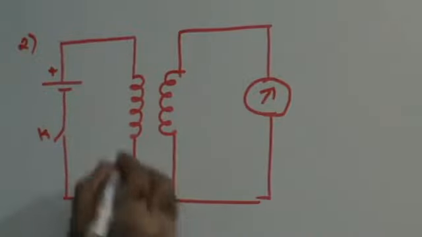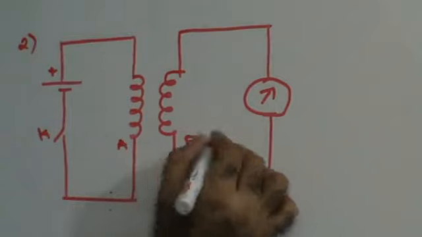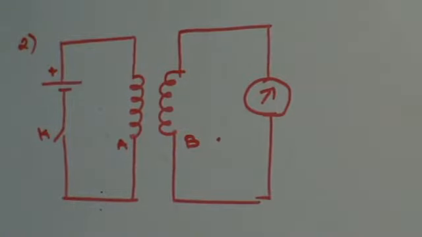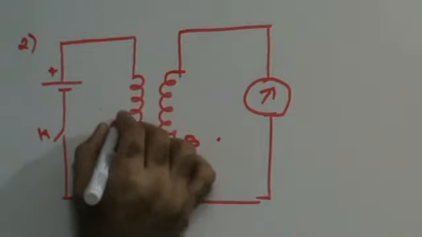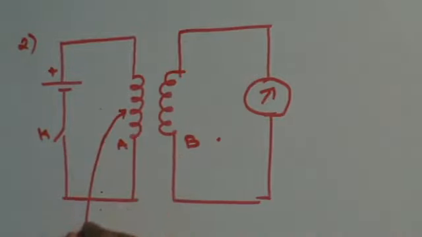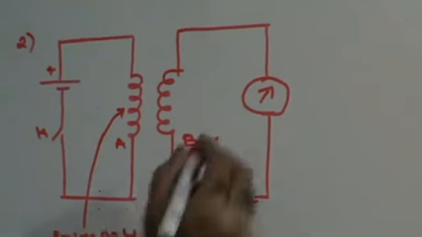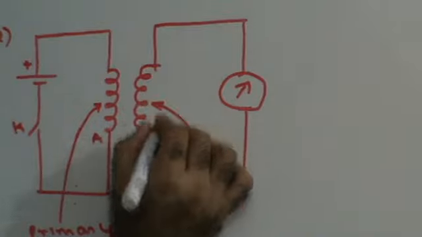Let's call this winding A and this winding of the coil B. Now the first winding where you have the DC EMF connected is called the primary winding, and the other winding, B, where you have the galvanometer connected, is called the secondary winding.